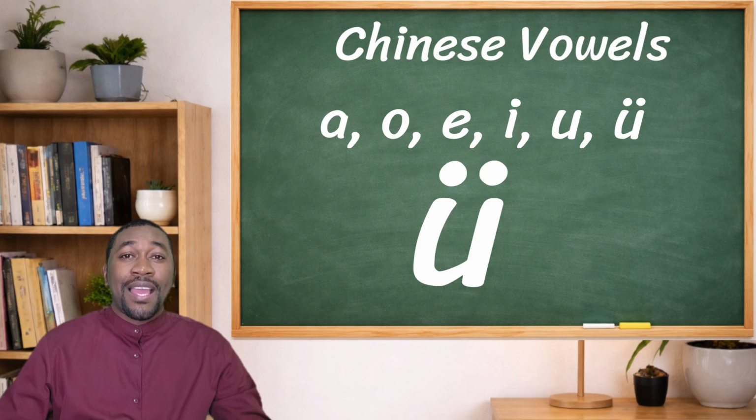I'm still saying E, but I just rounded my mouth and the sound changed. One more time. So after practicing, you can try making that sound without having to start off by saying E. Just U. Very good.